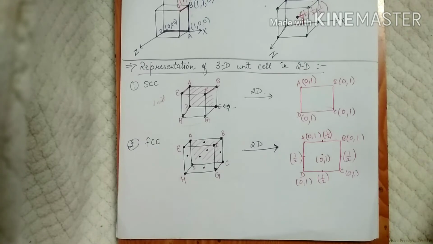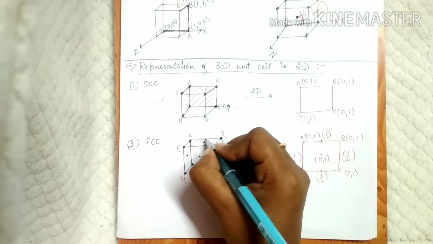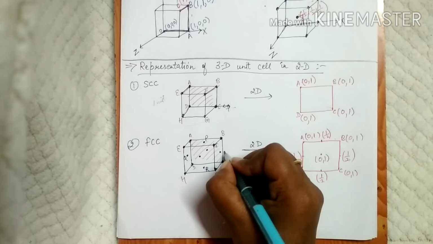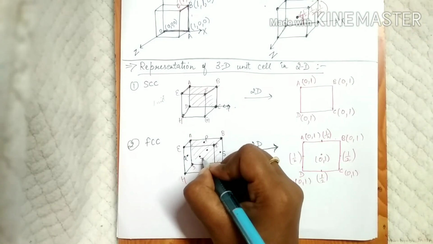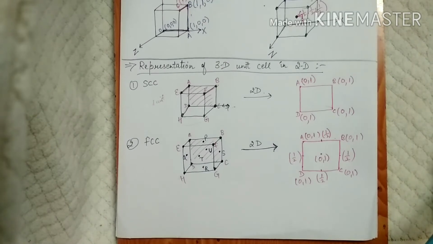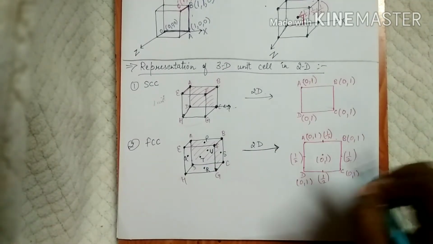Now how have we done this? See, I'm going to name each lattice point where atoms are present. Suppose this face center is P, this is Q, this is R, this is S, this is T, and backside U. Now I'm going to show these points here. See, for ABCD it is clear.